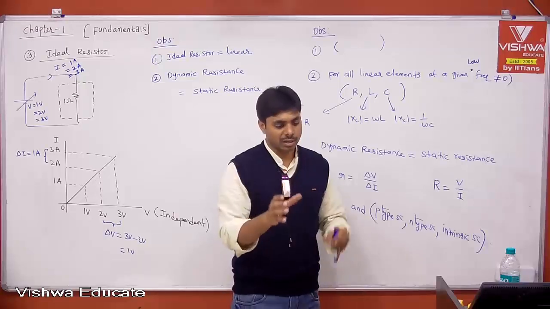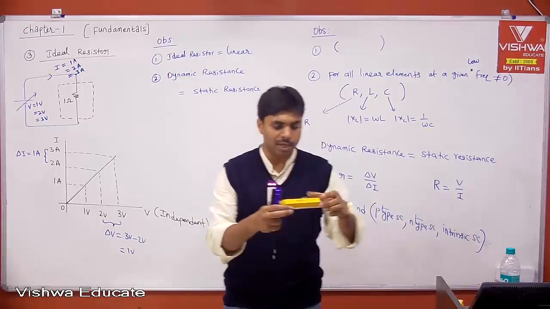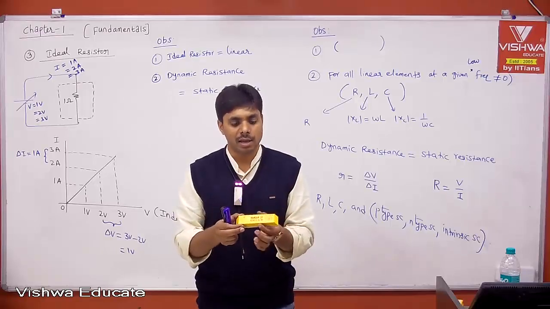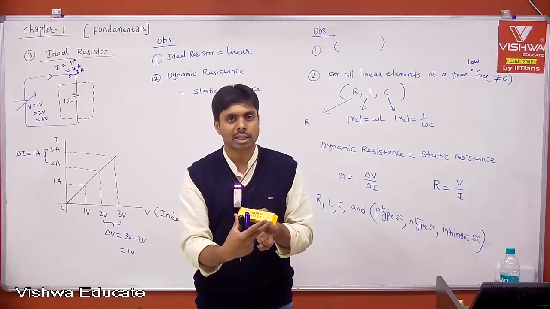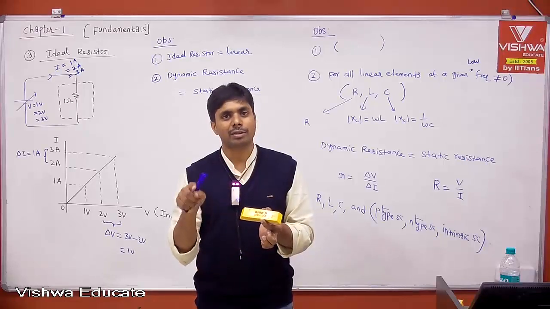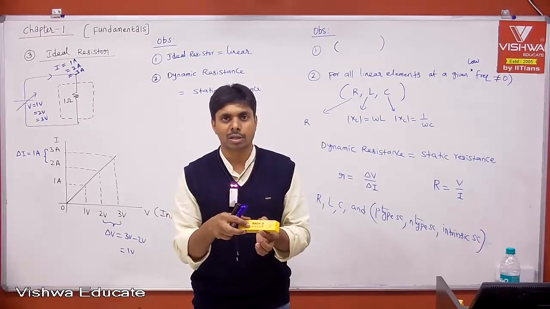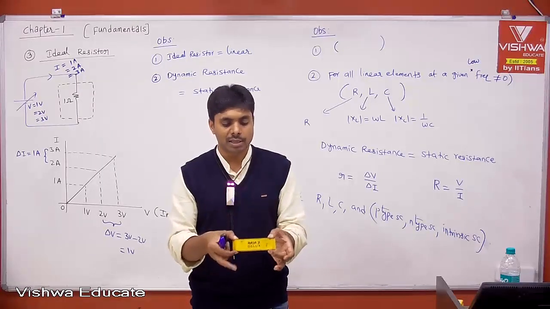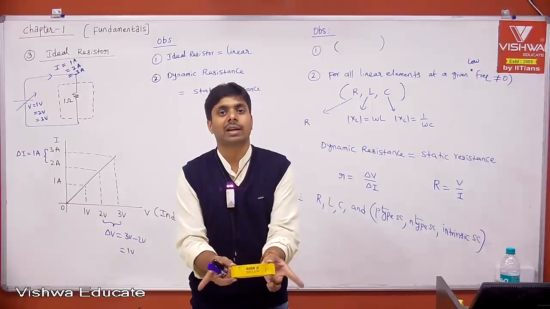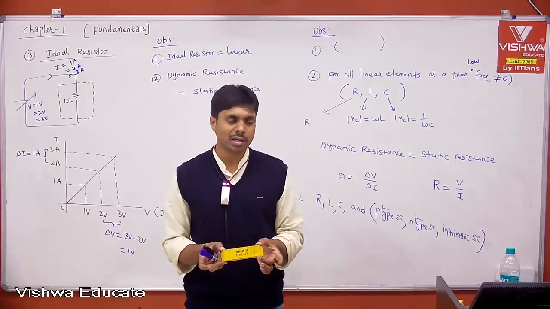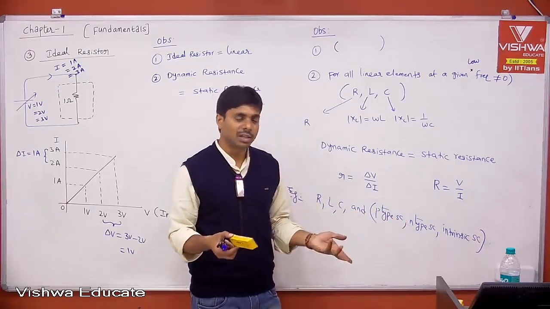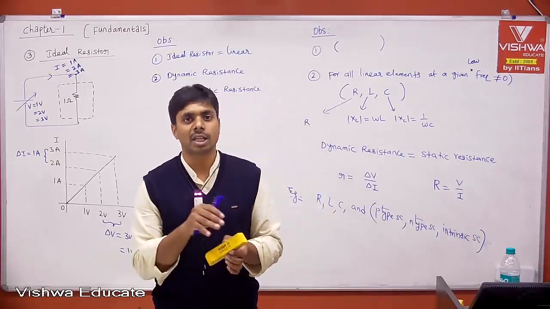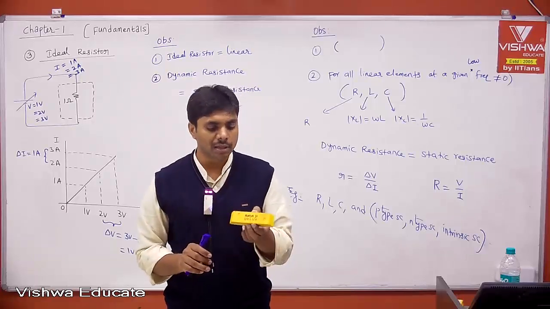If there is no PN junction, standalone, let us say this is my P-type semiconductor, right? It is linear because it is having some resistance. R is equal to rho L by A, length, area of cross section, the conductivity of P-type semiconductor being 1 by rho, that is q times mu P. Therefore, its conductivity is constant. If temperature is constant, conductivity is constant, then length is constant, area of cross section is constant. Therefore, it is simply nothing but a linear element like a resistor because it is having some resistance value, right? Similarly, N-type semiconductor is also linear. Intrinsic semiconductor, the semiconductor without doping, let us say silicon material or germanium material without any doping, is also linear.